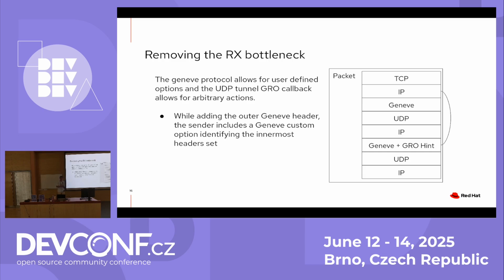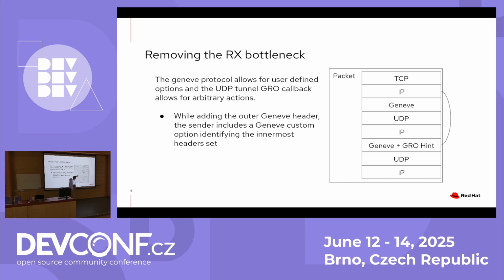The Geneve protocol allows adding user-defined arbitrary options that contain arbitrary data. So the sender can add one of these options that basically describes the layout of the above headers, where the inner headers are located, where the nested headers are located, and send the packet on the wire.